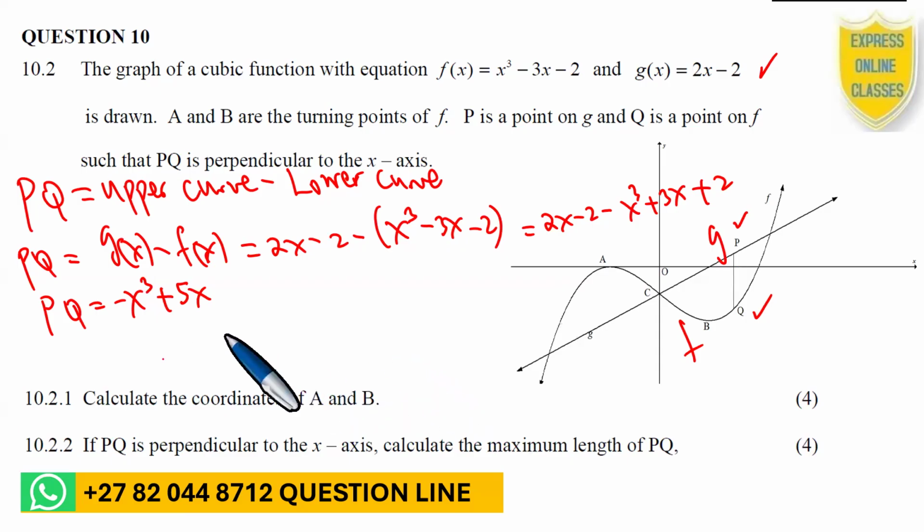Now we need to find the derivative, because now we need to find the maximum length. For the maximum, you must find the derivative and equate it to 0.